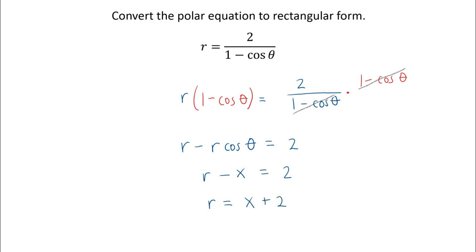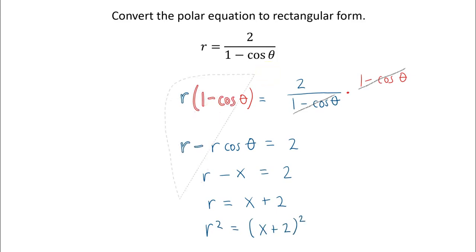So now I have a choice to make. I can either multiply both sides of this equation by r or square both sides of this equation. And in this case, I think it's the best bet to square both sides of the equation. That way I don't have a lonely r hanging out on the right side of the equation that I can't do anything with. So let's square both sides of this equation. We'll have r squared is equal to x plus 2 squared.